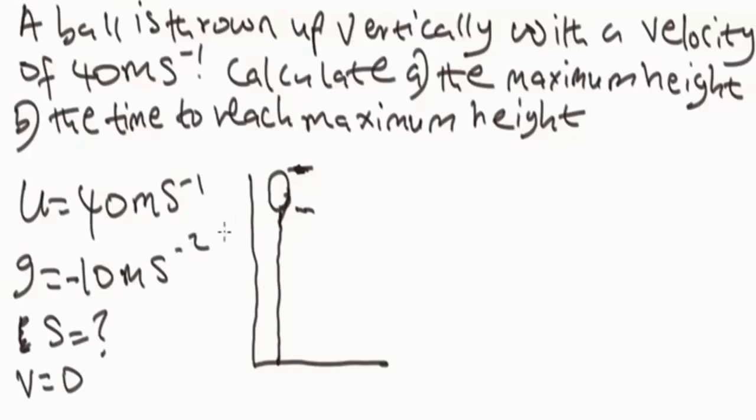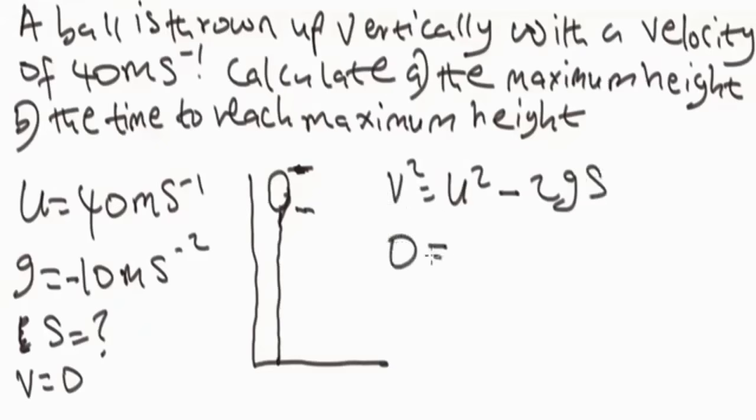So let's look at the equation of motion we're going to apply to solve this. To get this distance, the maximum height, we use v squared equals u squared. It's not plus, it's going to be minus because it's going against gravity, minus 2gx. Our final velocity is 0, the initial velocity is 40 squared, minus 2 times 10 times x.